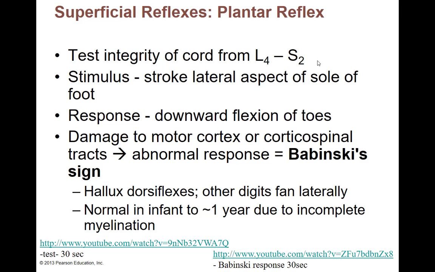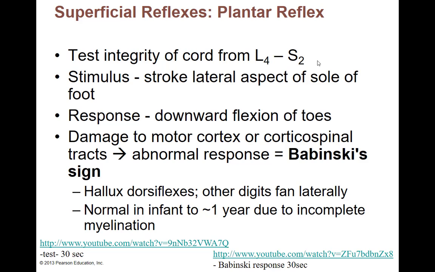Now, when I do a plantar reflex, I'm looking for a specific reaction when I touch the bottom of a foot. You can try this at home too. When I'm touching a certain part of the bottom of the foot, you'll see them take almost like a little paddle. I think you can do it with a thumb. You just touch the lateral outside of the bottom of the foot. There is an immediate response, or there should be, when you press down on the outside of a foot. You should have a downward flexion of the toes. So if someone rubs on the outside of the bottom of your foot, your toes should curl in.